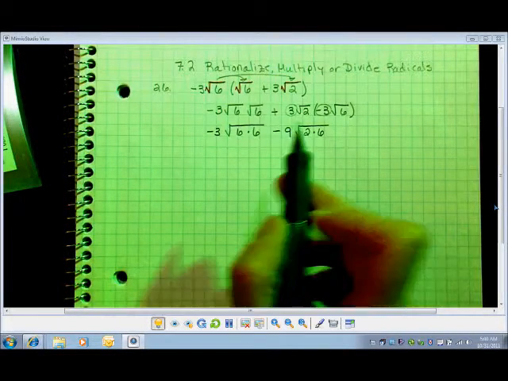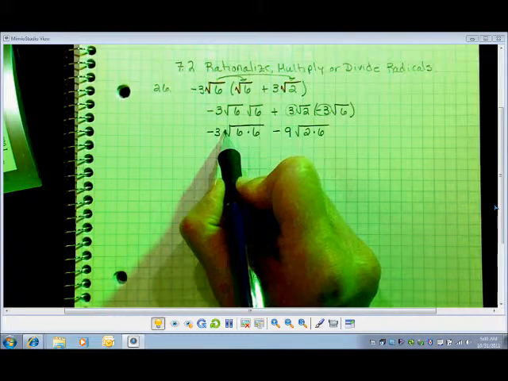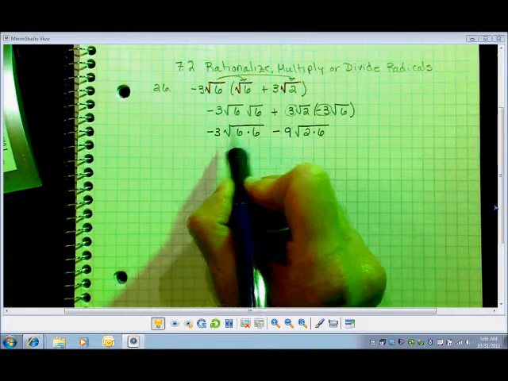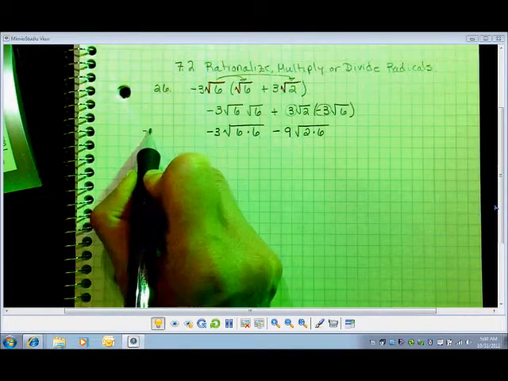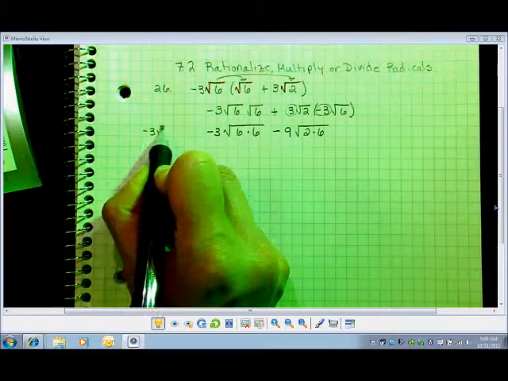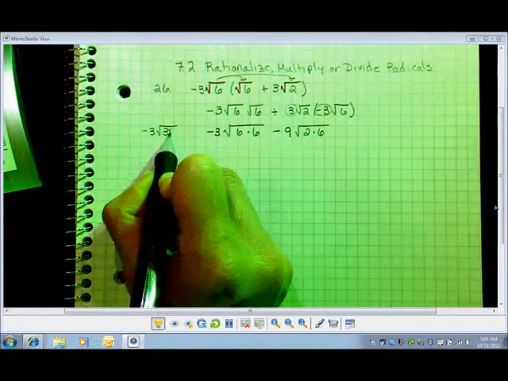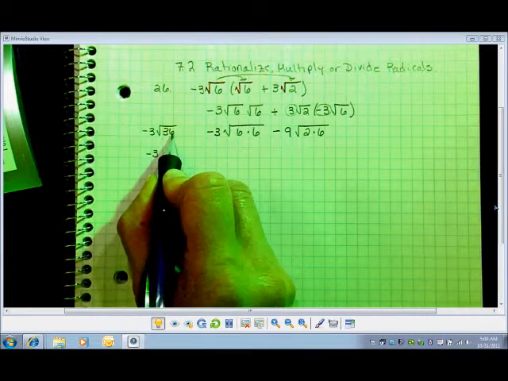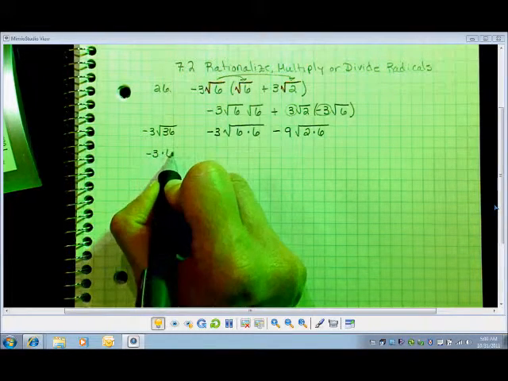Now there's two things I can do here. I have 6 times 6, and for some of you, you're going to need to do this. 6 times 6 is 36, and then you realize that the square root of 36 is 6.